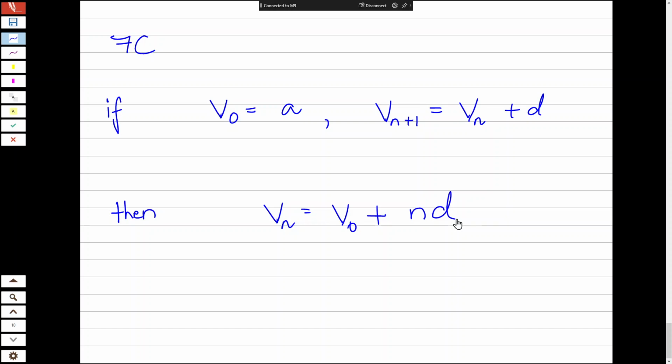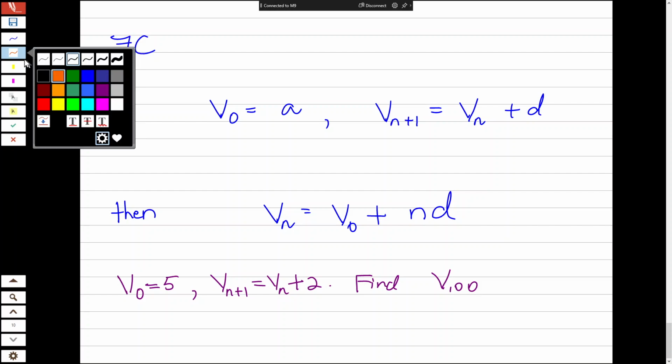So maybe I'll just do an example, because I taught it this way last year and it didn't go so well. So let's do an example. V naught equals 5, Vn plus 1 equals Vn plus 2. Find V100. So I've got a recurrence relation.